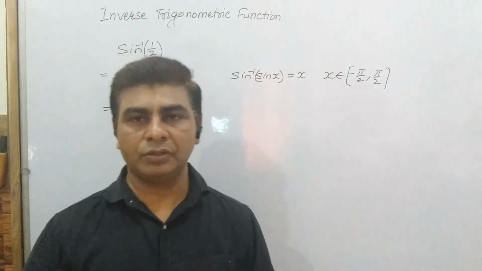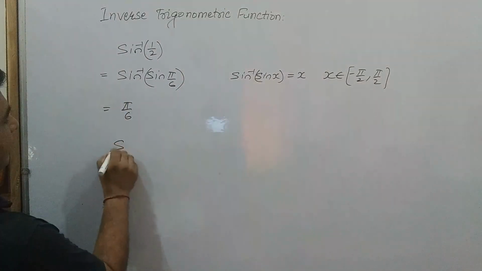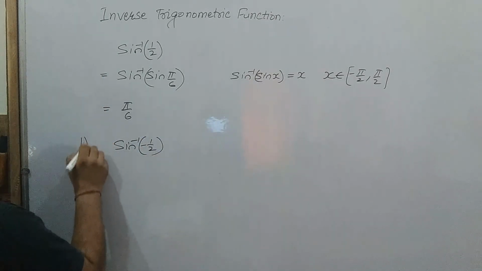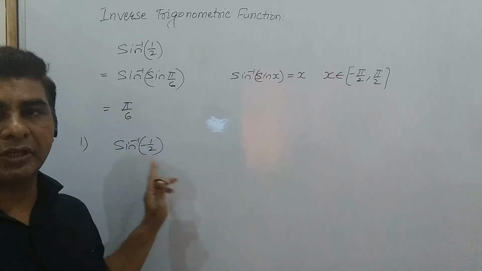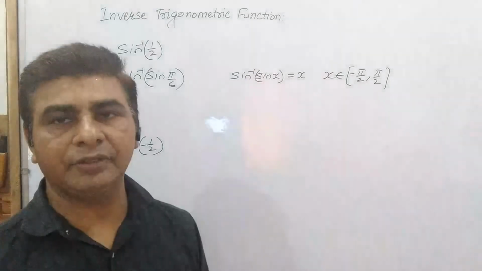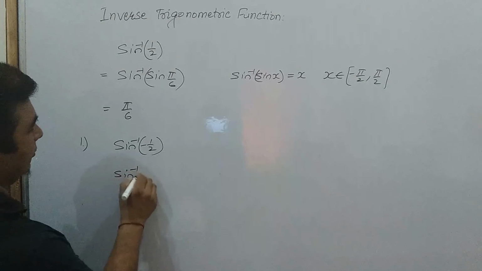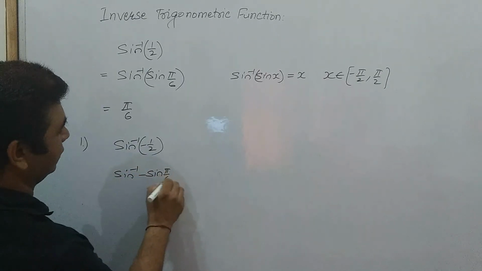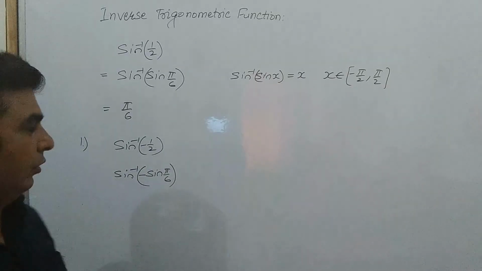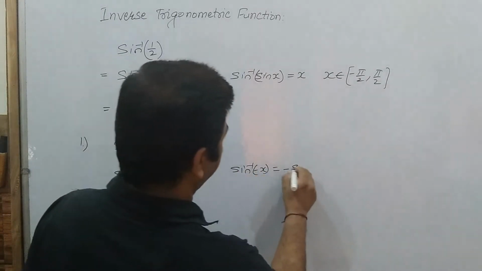Now let me take the first question of your NCERT book, exercise 2.1, which is sine inverse minus 1 by 2. Again you can see 1 by 2 is the standard value in the table of sine function, which is sine 30. So we can replace it by sine inverse of minus sine pi by 6, and you know very well, if sine inverse minus x is there, it can be written as minus sine inverse x.